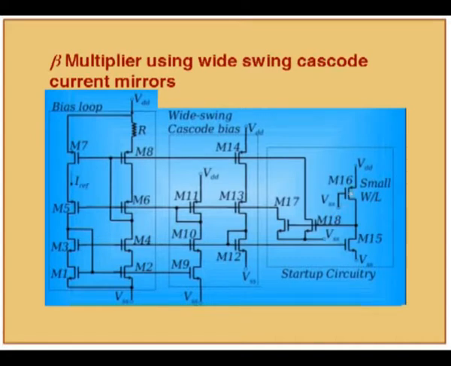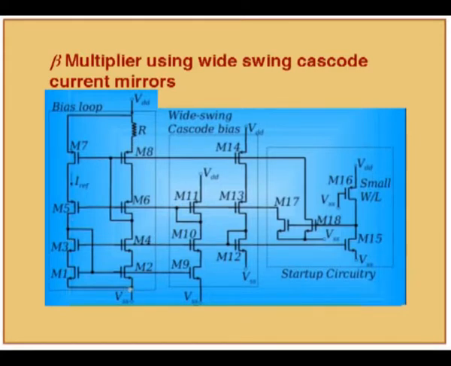So this is like a resistor connected to VDD, and because of this, this node potential will rise. Because it rises, the NMOS transistors M17 and M18 start conducting current. When they conduct current, these node voltages will come down. As soon as they come down, these transistors will be on.